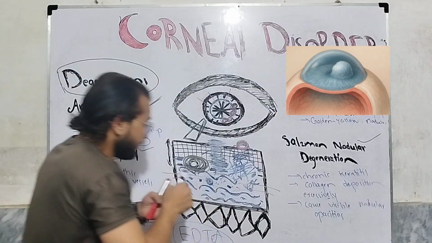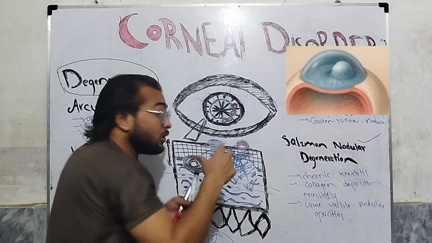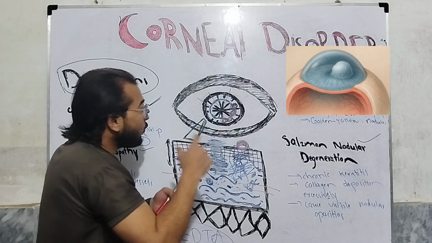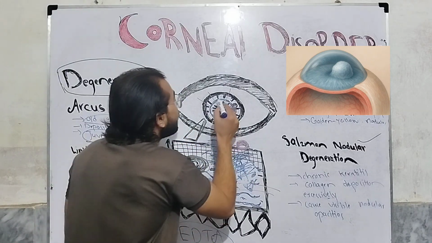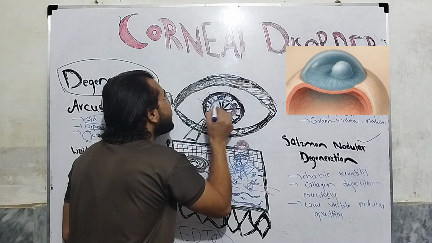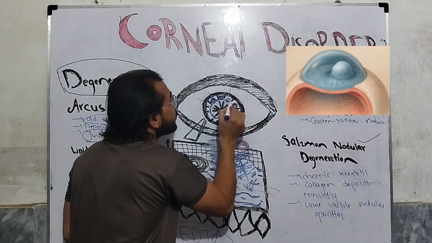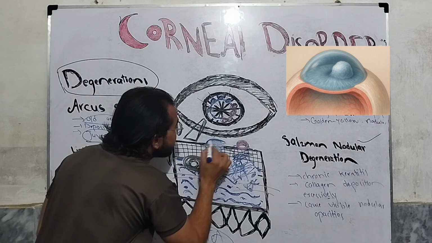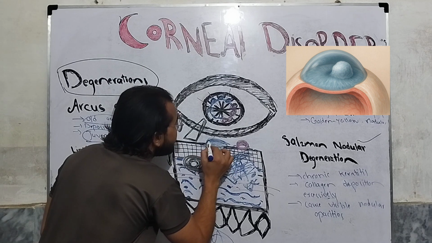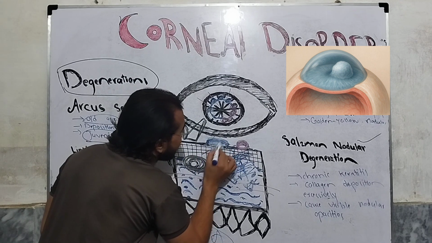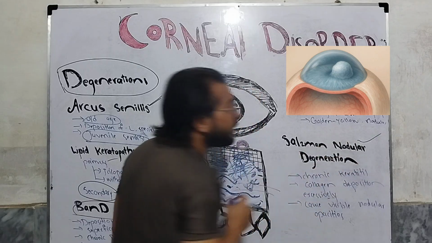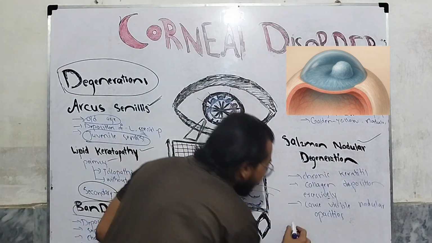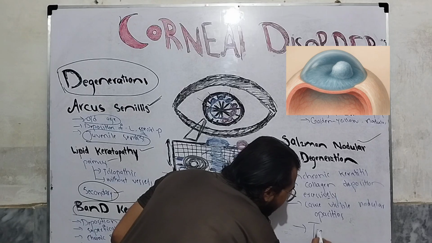Due to the non-orientation and irregular arrangement of the collagen fibers due to chronic inflammation, there will be the appearance of grayish or whitish nodularity on the cornea, and this nodularity is produced due to the irregular arrangement of the collagen fibers. This is called Salzmann Nodular Degeneration, and it mostly occurs in trachoma.